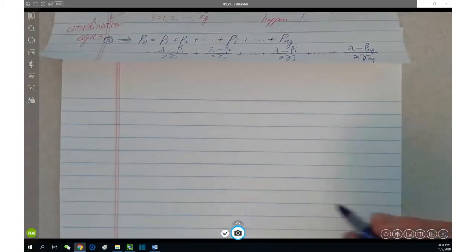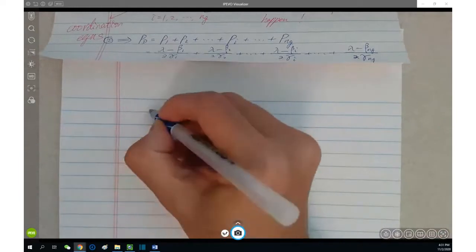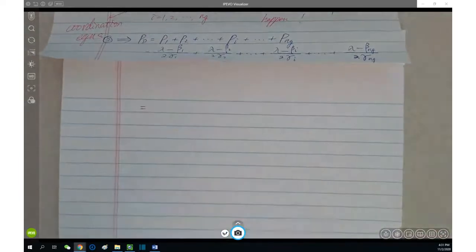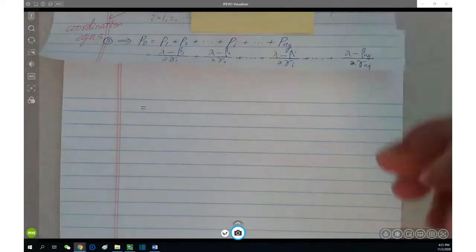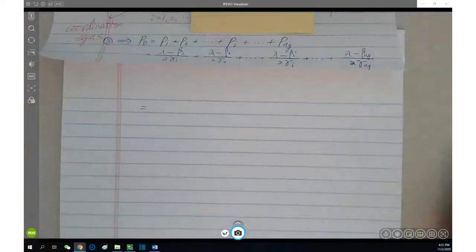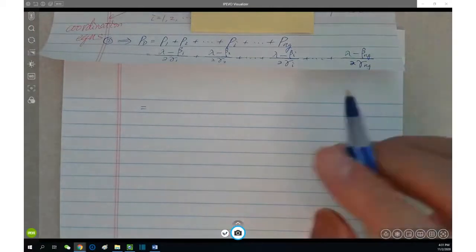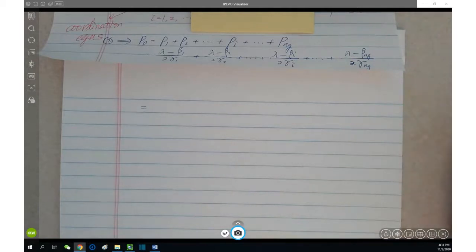And then further it equals to what? Because we are trying to find lambda, right? Keep this goal in mind. So how to find lambda? We want to pull out lambda as one common factor, right?